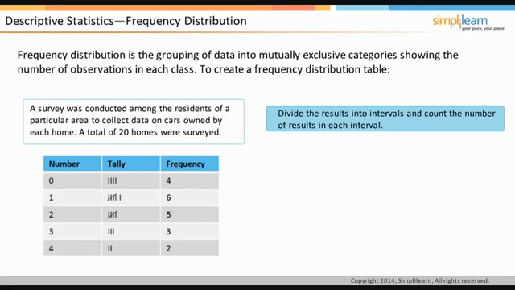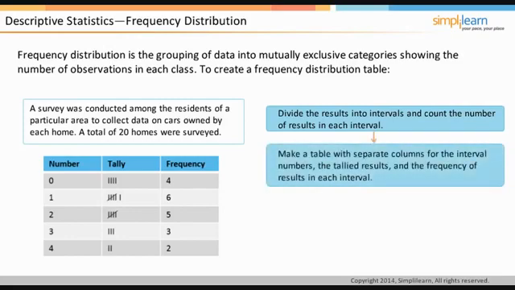In this example, the intervals would be the number of households with no car, one car, two cars, and so on. Next, a table is created with separate columns for the intervals, the tallied results for each interval, and the number of occurrences or frequency of results in each interval.